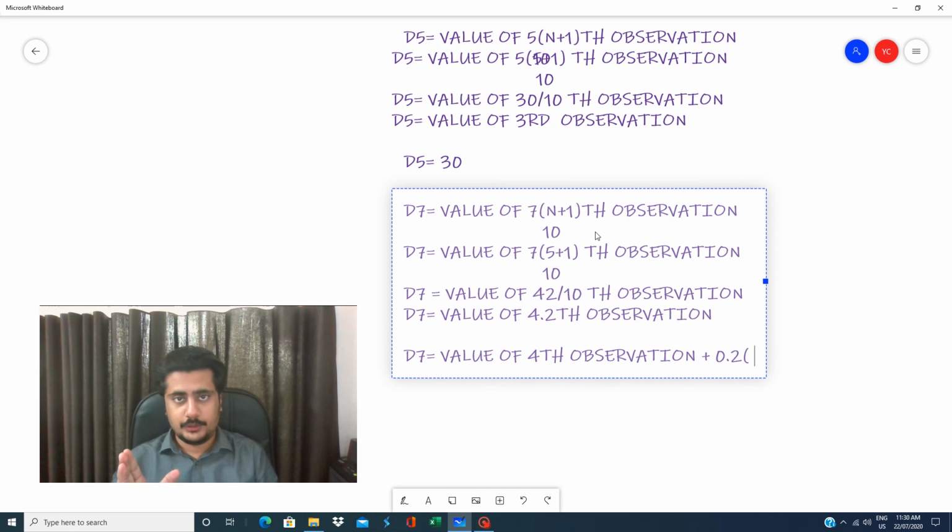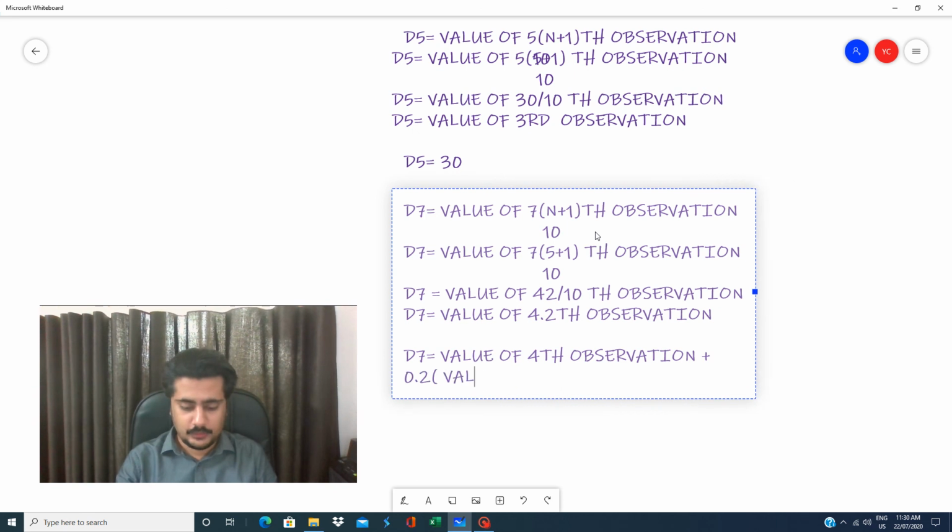So in 4.2 separate the 4 and separate the 0.2. Now 0.2 you will be multiplying with what? See, 4.2 is between 4 and 5. 5 is bigger, 4 is smaller. As I told you, bigger minus smaller.